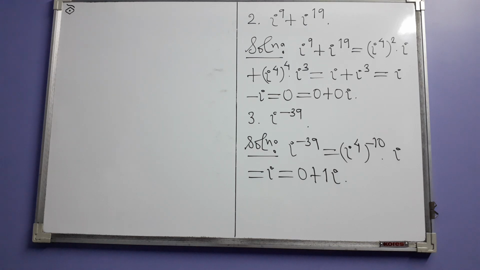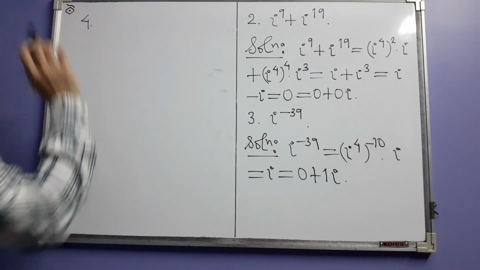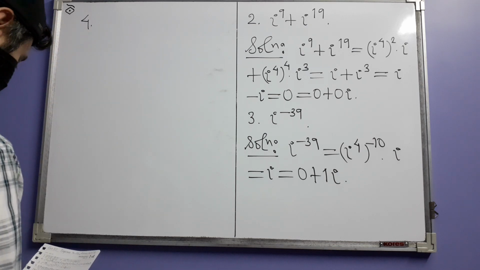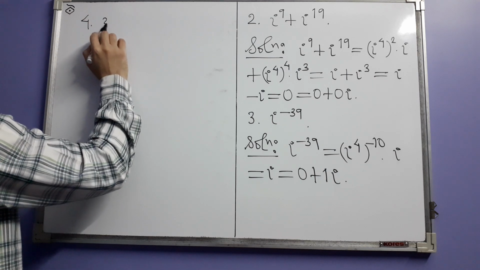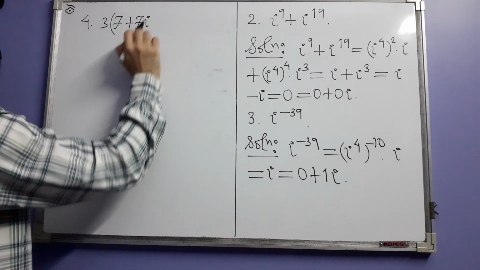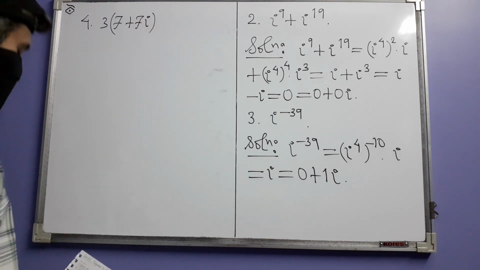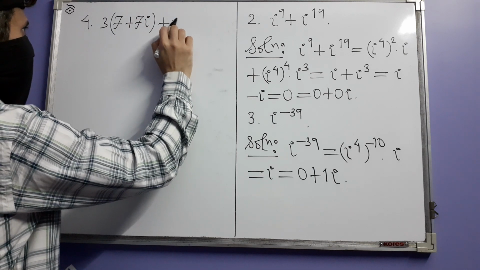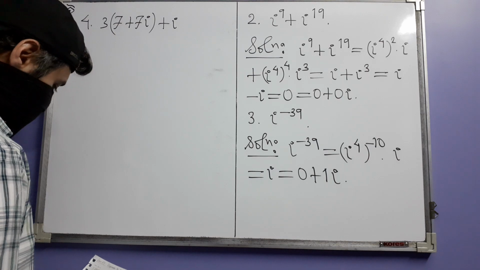Next, number 4. Number 4 is 3 times 7 plus 7i plus i times 7 plus 7i.